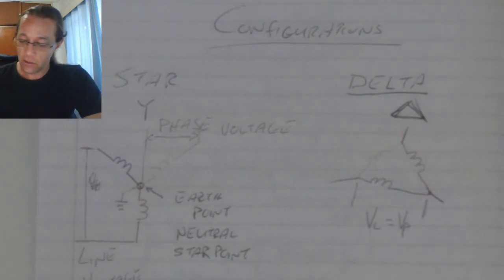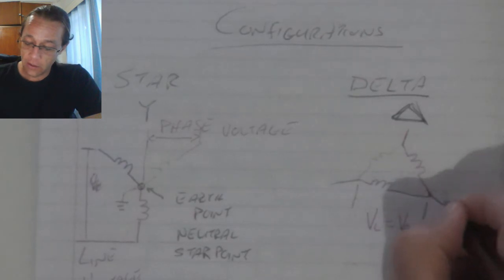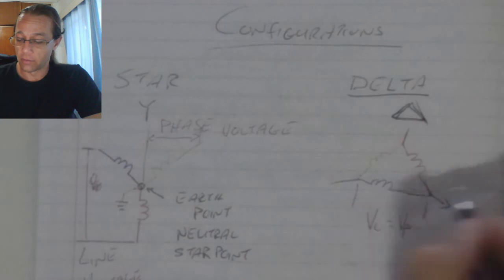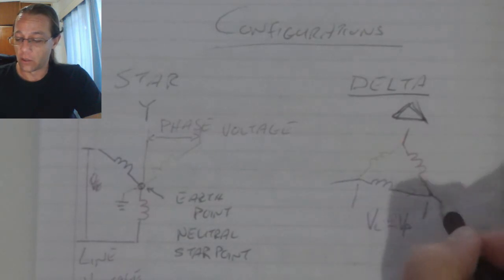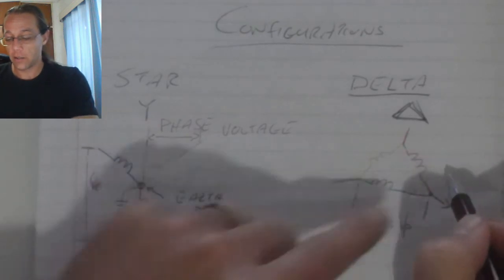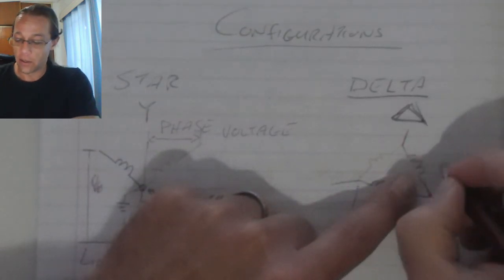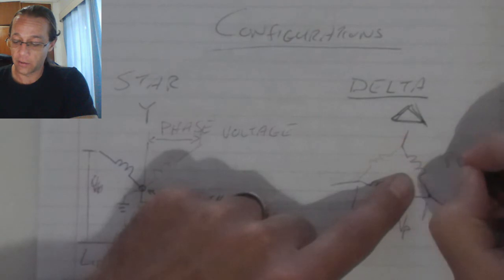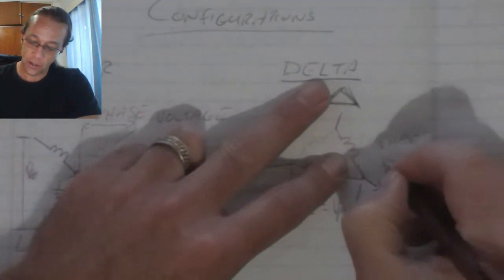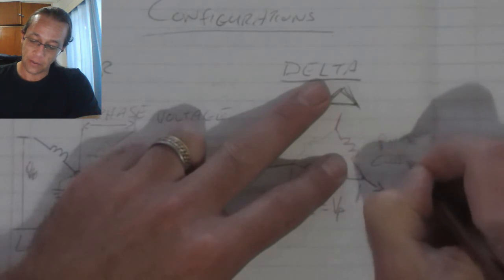When we're looking at the currents, I can see that the current that's going to flow out over there is the combination of those two currents that's flowing to that point there. So when I look at these, the current that's flowing through a single coil, that is my phase current.